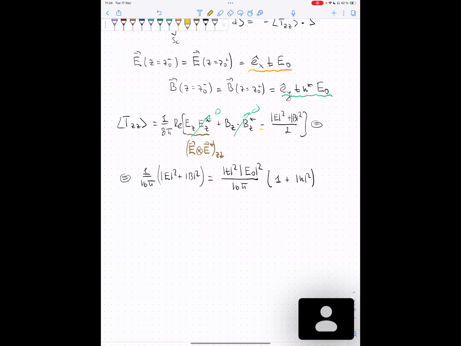Also, this minus here, this minus here. So if we put minus here, this will give us plus, plus, and plus.